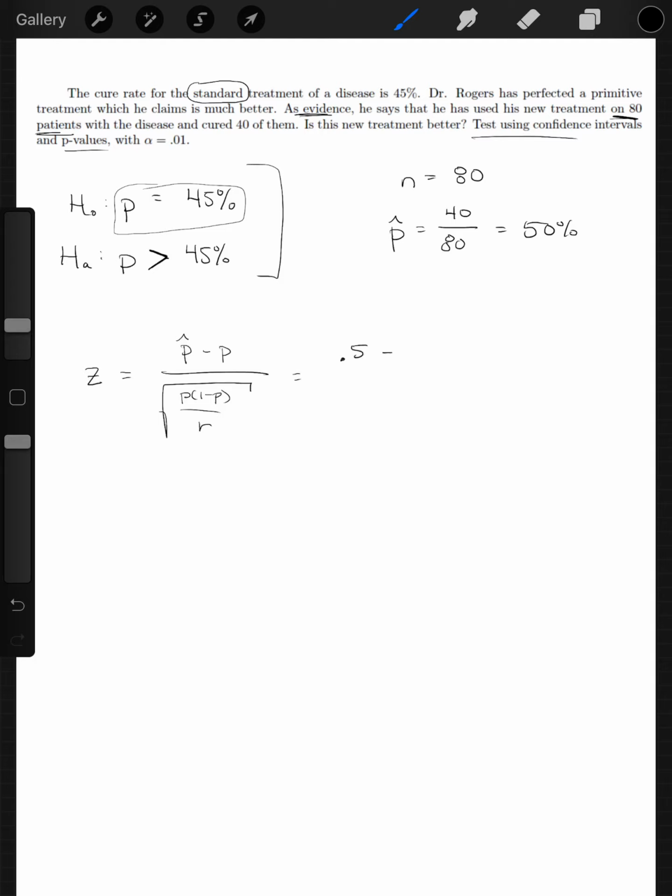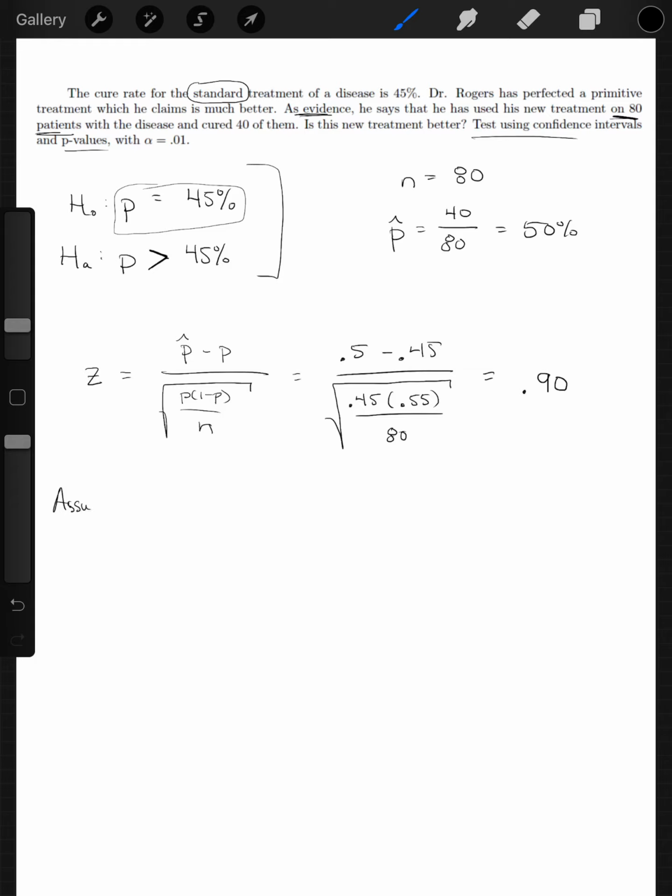So this is 0.5 minus 0.45 all over the square root of 0.45 times 0.55 all over 80. Right, and I plug that into my calculator, and I'm having difficulty reading my handwriting, but this is either 0.90 or 0.80, but I'm pretty sure it's 0.90. I think I recall that. So that gets us our test statistic.